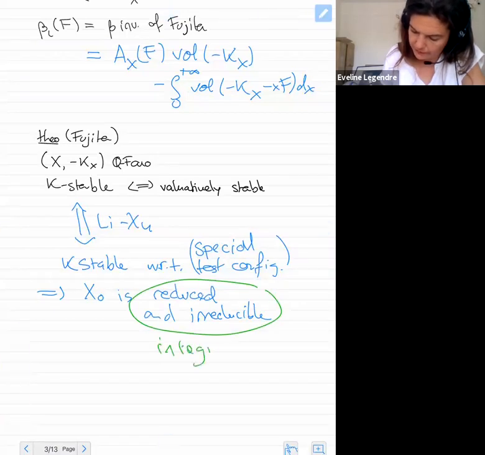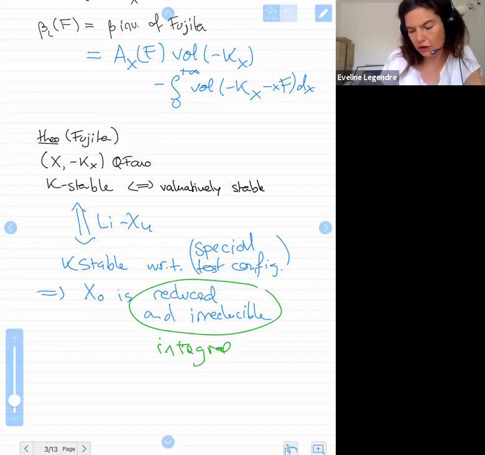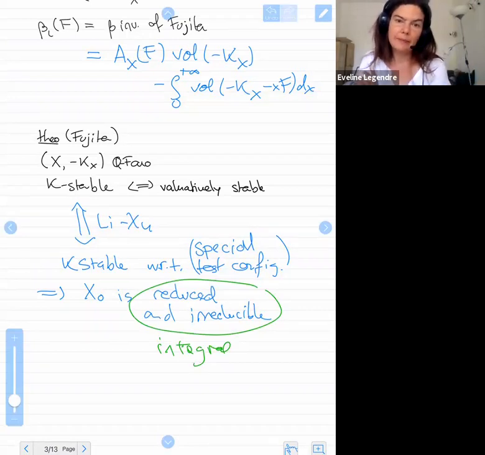It means that if you want to check whether a Fano variety is K-stable, it is sufficient to look at all the test configurations that have a reduced and irreducible central fiber.